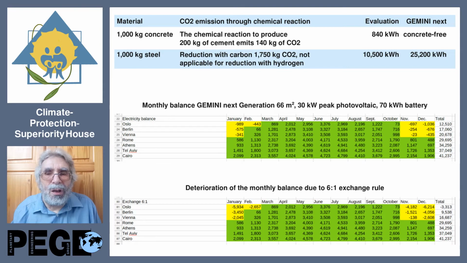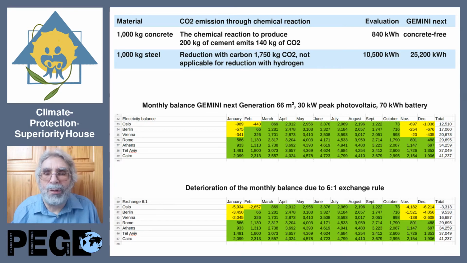Now let's look how this influences the calculation. First, there is concrete. To make concrete, you have to mix cement with it, and to produce cement, you have for 1000 kilo concrete 200 kilo of cement, and this emits 140 kilo of CO2.